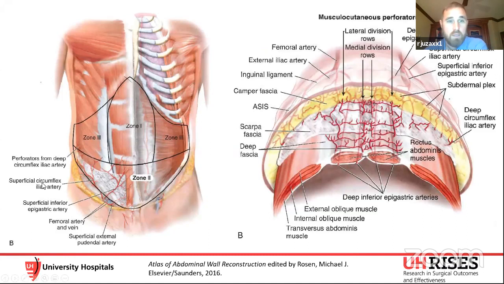Here we go. Sorry, so that's the superficial system, which is also very important, particularly in cases if you're going to do an anterior component separation. These subcutaneous superficial systems can be ligated and lead to some of that tissue ischemia as well. The superficial system is perfused off the femoral artery to the superficial circumflex artery, which perfuses the superficial components of the medial and lateral abdominal wall.